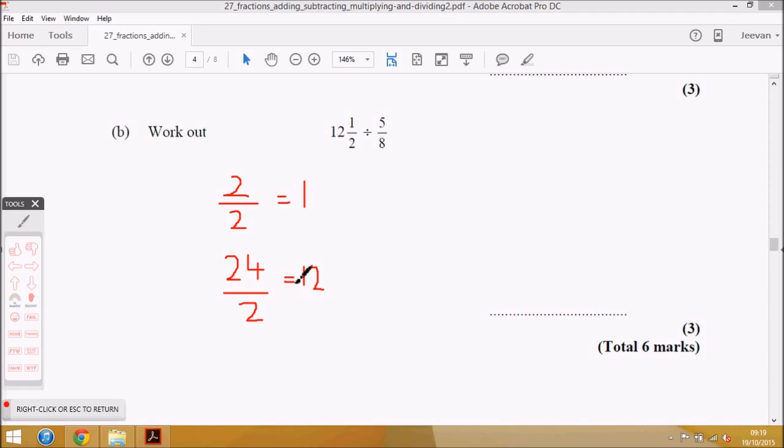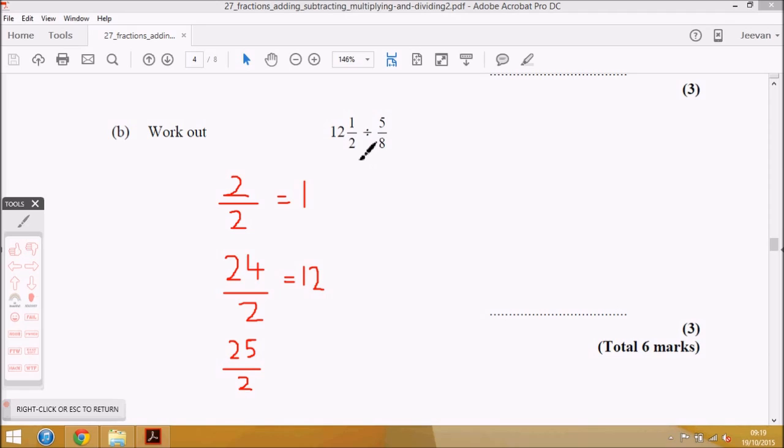But we don't just have 12 whole ones, we also have an extra half. So in total we have 24 halves, add this extra half, which gives you 25/2. Okay, so that's just to help you understand how we convert between mixed numbers and top-heavy fractions.